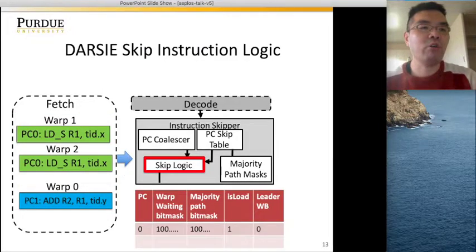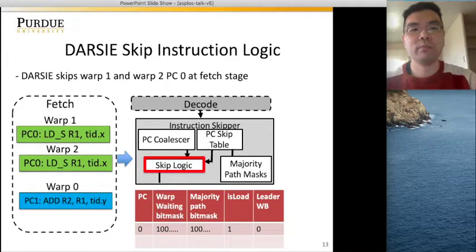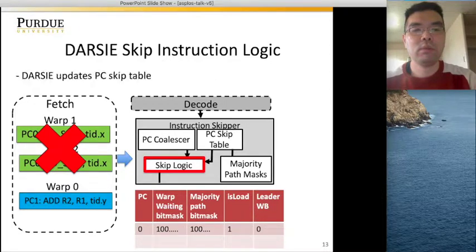Let us see how DARSIE updates the PC skip table during instruction skipping. DARSIE skips warp 1 and warp 2 PC0 at the fetch stage, and then DARSIE updates the PC skip table.